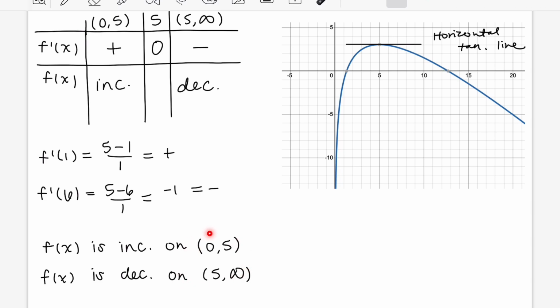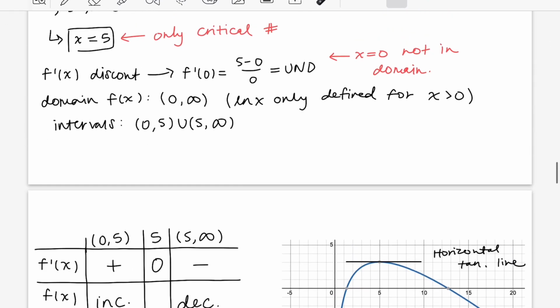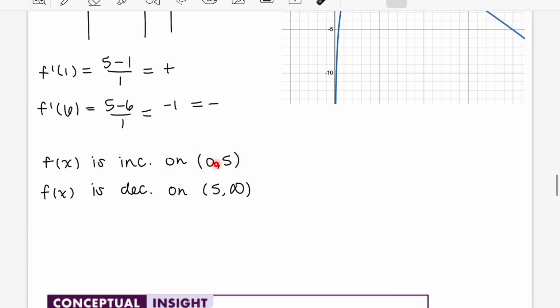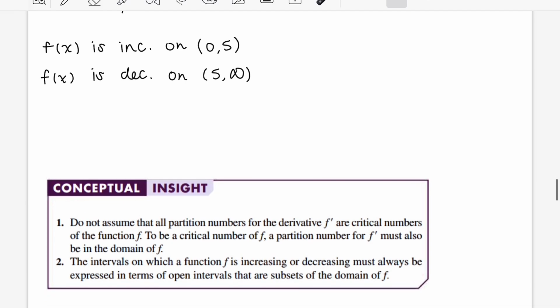We want to express these as open intervals that are subsets of our domain because, like we saw in this last example, 0 is not included in our domain of our function, so it's not included on the interval on which we're increasing. All right, so just keep this in mind here.